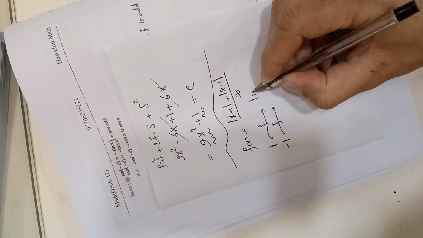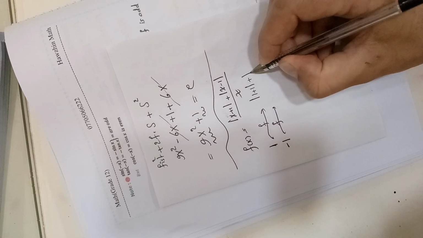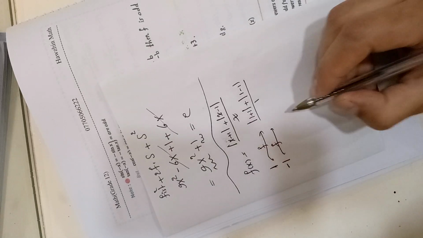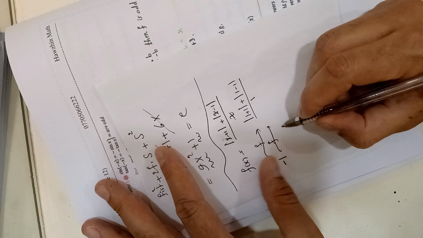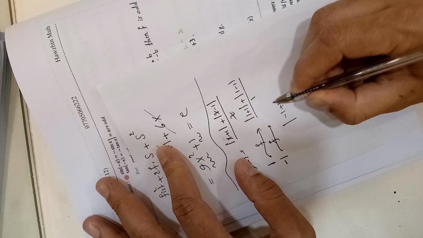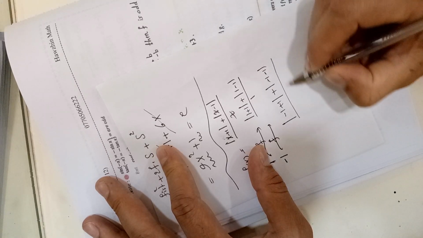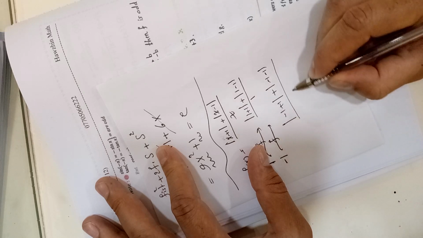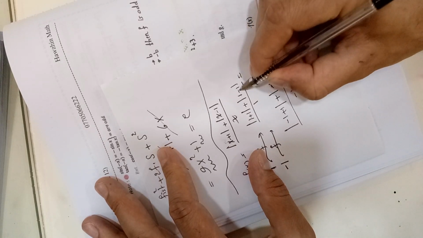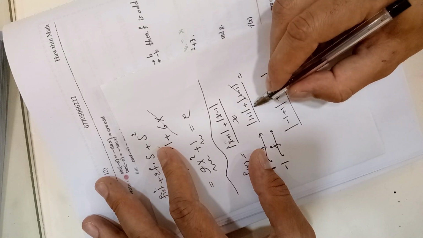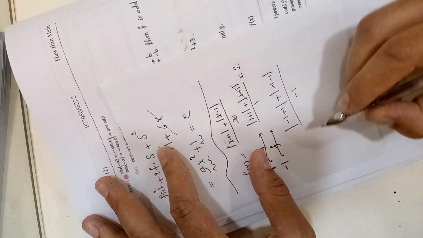For 1: 1 plus 1, plus 1 minus 1, over 1. For minus 1: negative 1 plus 1, plus negative 1 minus 1, over x, meaning negative 1. 1 minus 1 is 0. 1 plus 1 is 2, the absolute value of 2 is 2. 2 times 2 divided by 1 is 2.